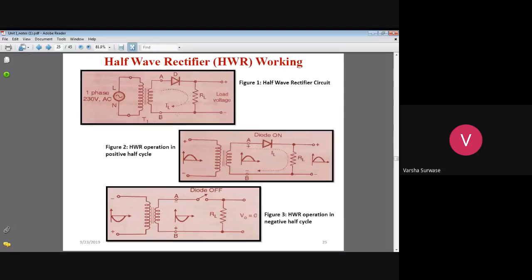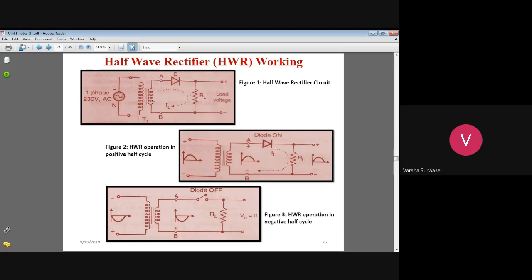Now we will see the operation. The input we are giving is an AC voltage to the transformer. This one is a single phase 230 volt AC. At the output of this, you will get the step down AC voltage.